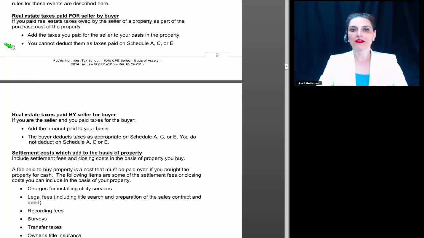You cannot deduct them as taxes paid on Schedule A, C, or E because those are expenses that were assessed against property that you didn't own. You may have paid them, but you didn't own them, and they're only deductible if you owned them. So what that means is they are a cost of acquiring the property, but they're not deductible to you. They just add to your basis.